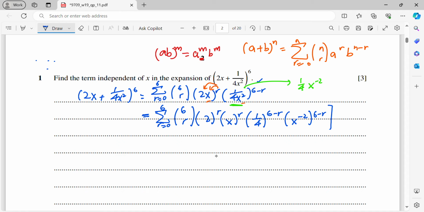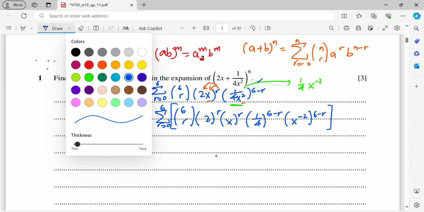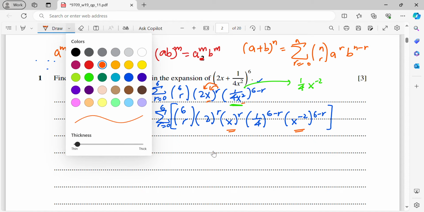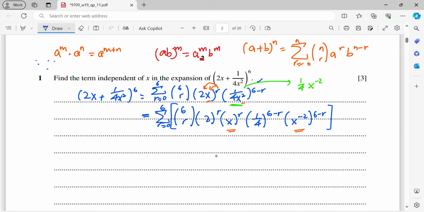Okay, so now I will simplify the x. So since here you have both x, now we have another formula, which is a to the power of m times a to the power of n is a to the power of m plus n. Okay, so from here, if I do not want to rewrite this summation, I will just write term independent of x.